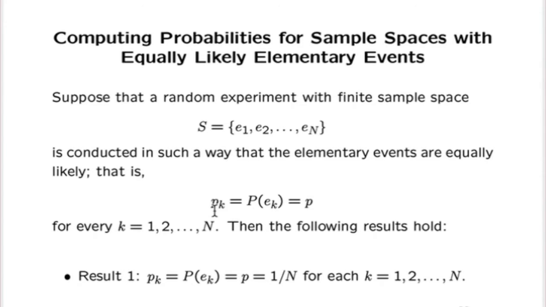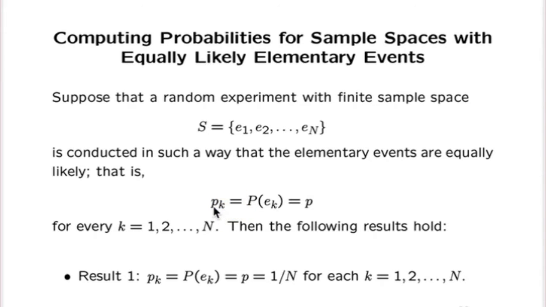All right, in other words, that these probabilities, and what I'm going to do here is denote the probability. So this notation represents the probability of the kth elementary event occurring. And to keep the notation a little bit simpler and less cumbersome, I'm going to denote that probability by lowercase p sub k.